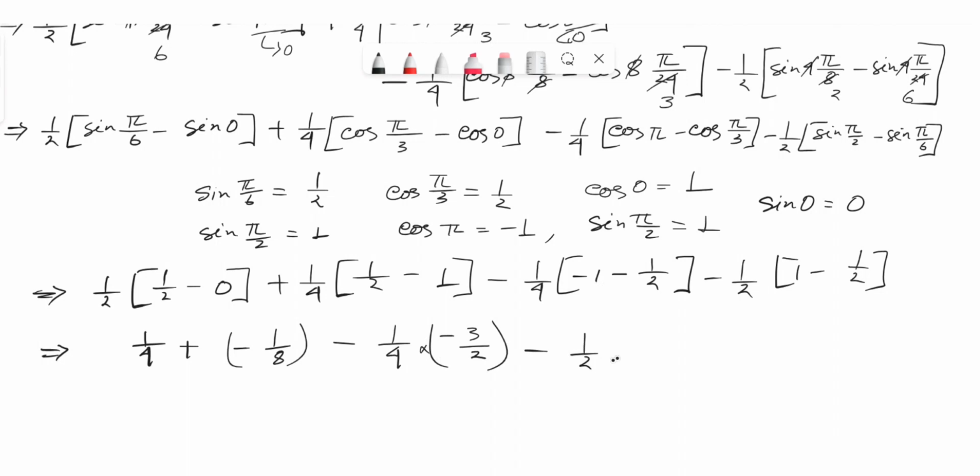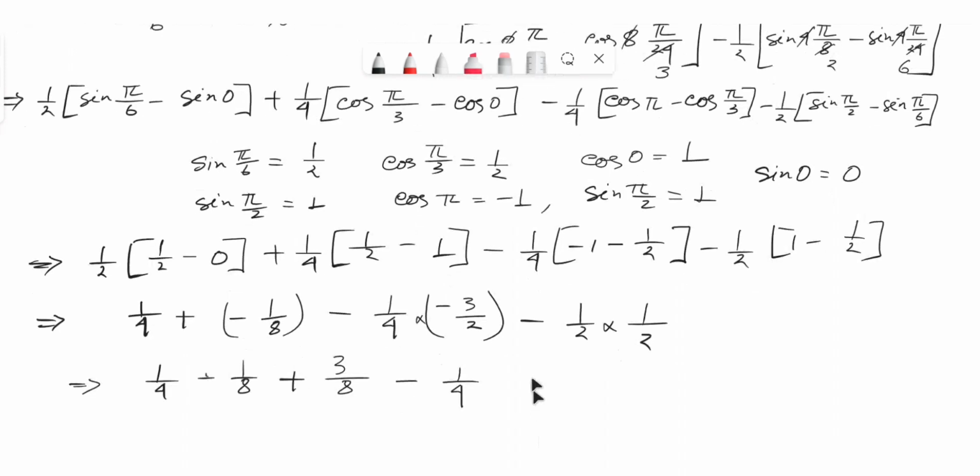And these are multiplied: minus 1 by 2 into 1 by 2. So from that we have 1 by 4 minus 1 by 8, and this will be plus 3 by 8, minus 1 by 4.